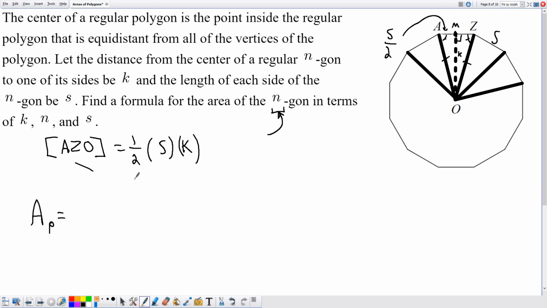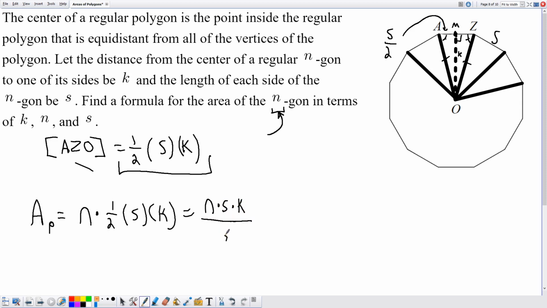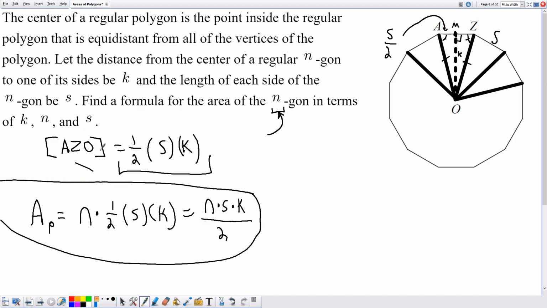So I have to take this area and multiply it by n. So we have n times 1/2 times s times k. Simplifying, we can write it as n times s times k over 2, or 1/2. And that is our formula for the area.